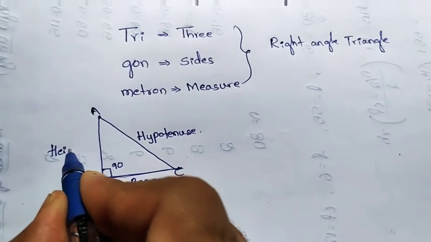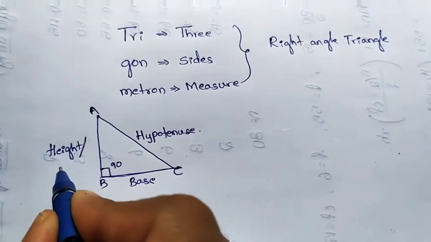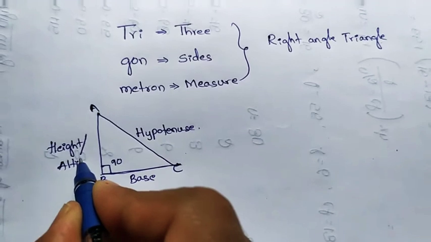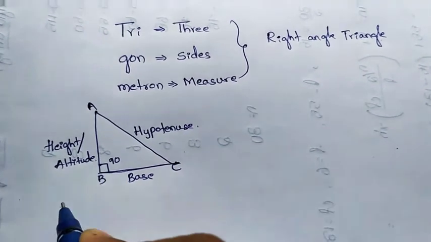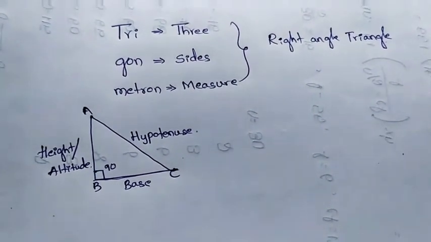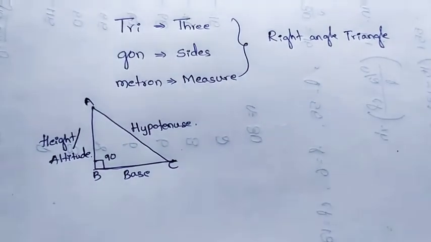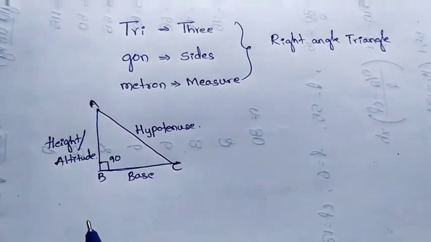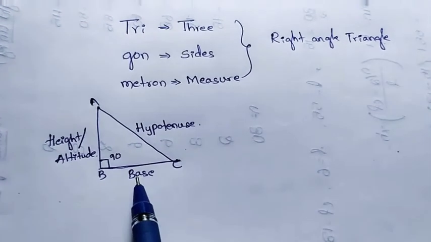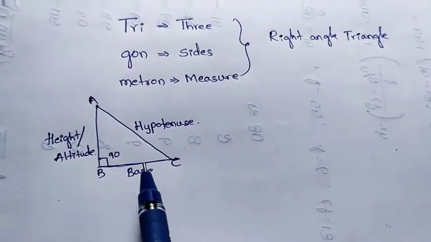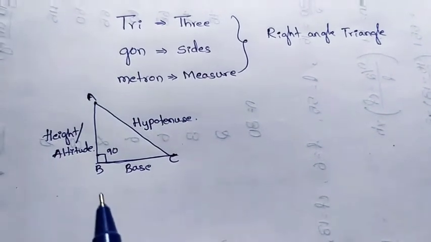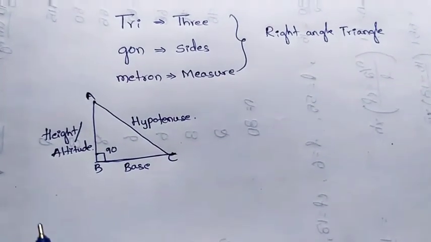But in this chapter we are going to learn about the adjacent side and opposite side. Instead of taking base and altitude, here we will use opposite side and adjacent side.